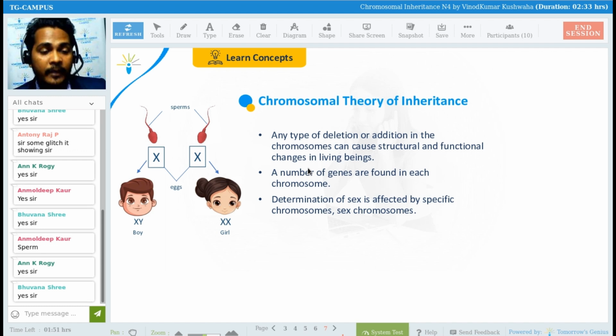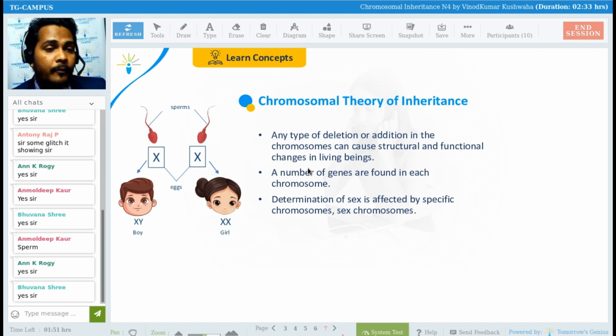So division is very important. When the cell divides, it will definitely happen, this chromosomal and all divisions. Clear? Yes, sir. Clear.